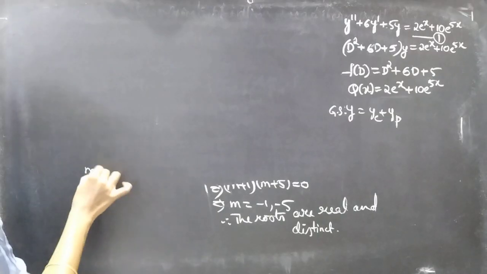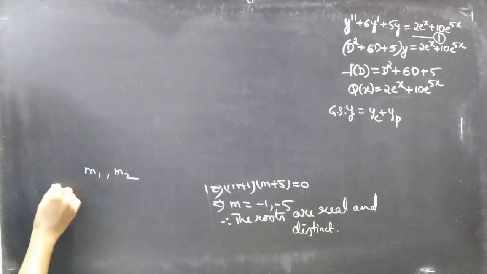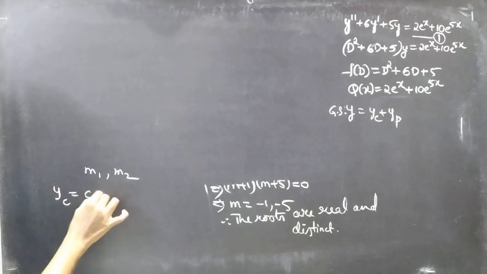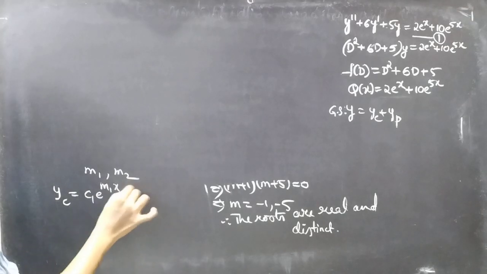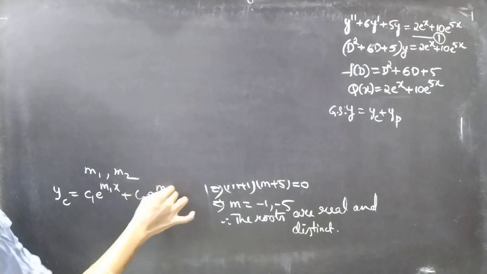When two roots, say m1 and m2, are real and distinct, then yc looks like one constant into e power 1 root into x plus another constant into e power another root into x.